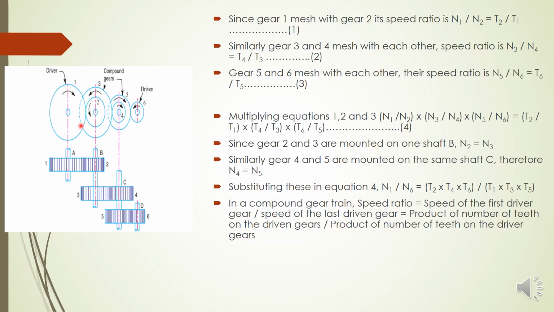How? For the speed ratio N1 by N6, first you have to take the product of number of teeth on all the driven gears. So what are the driven gears here in this figure? Driven gears are those that do not rotate by themselves but are rotated by other gears.